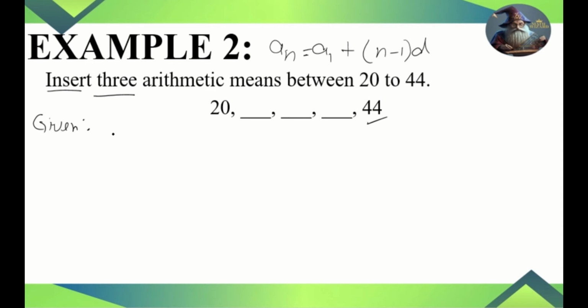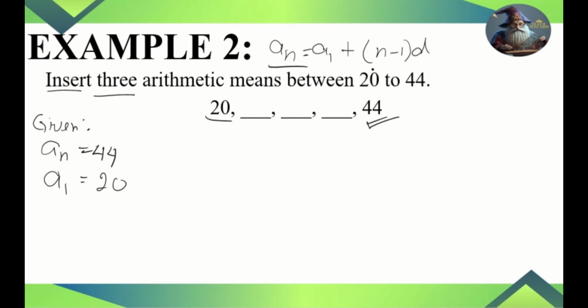So, ano ba yung mga given natin? Itong a sub n muna, which is yung last term natin dito, 44. And then, a sub 1 natin, yung pinakaunang term, 20.